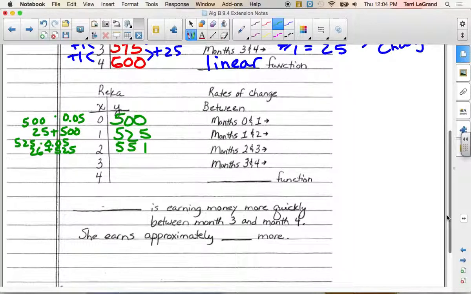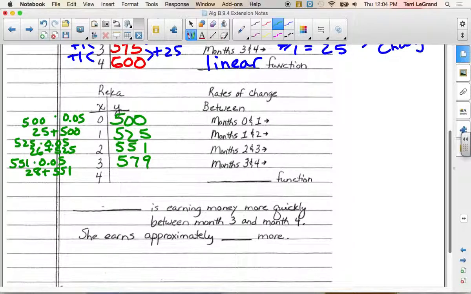Just round it to the nearest dollar. And you should have gotten $28. And then we add $28 to 551.